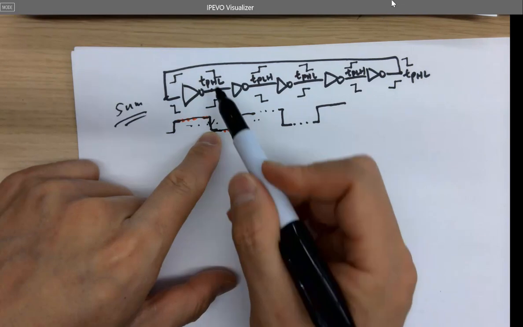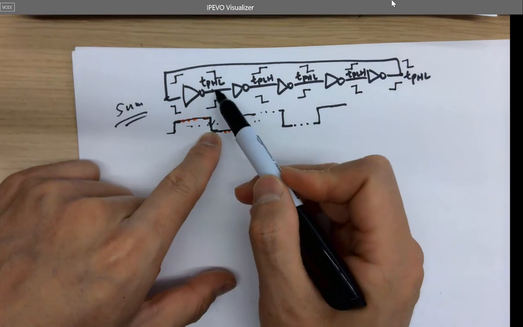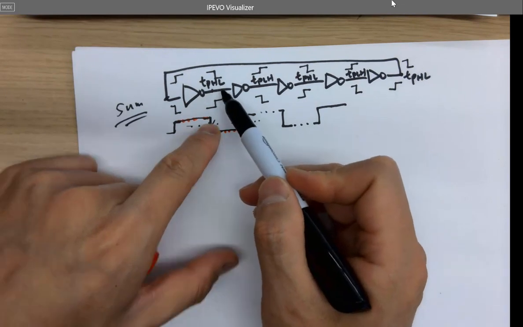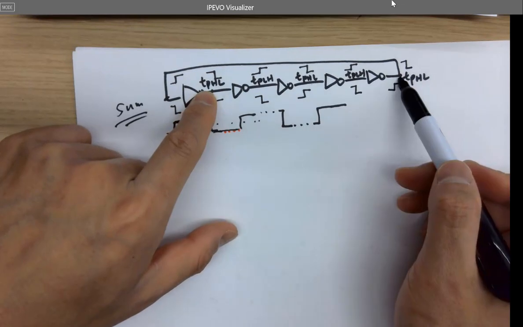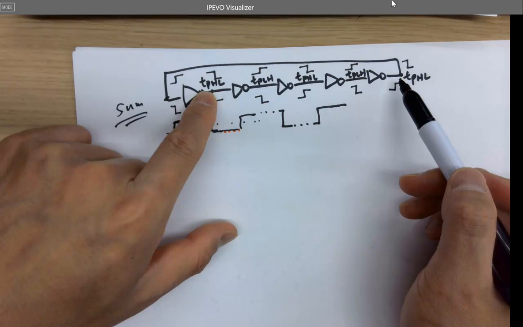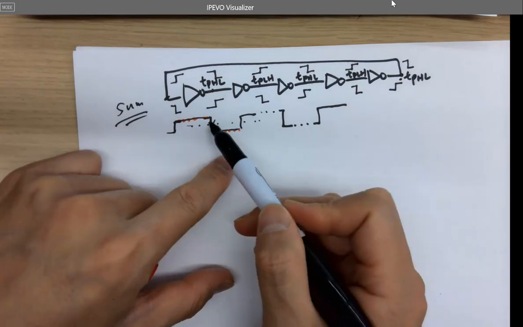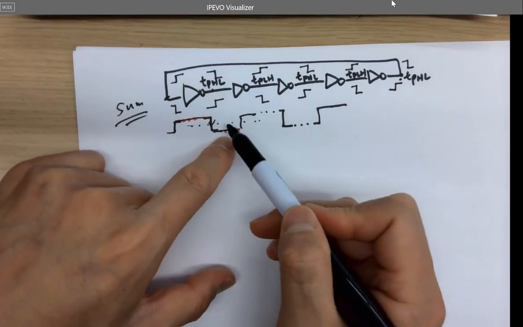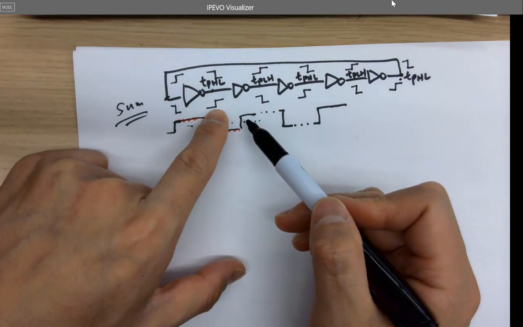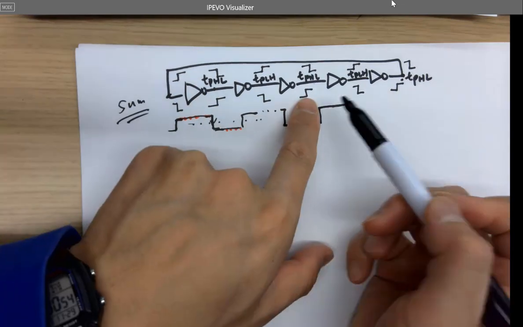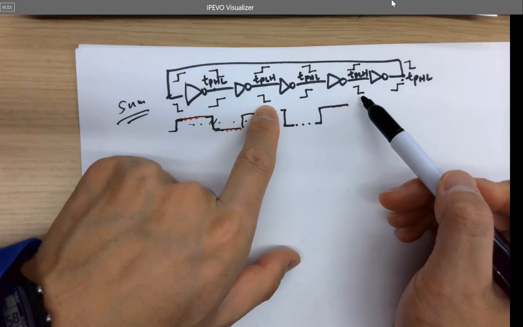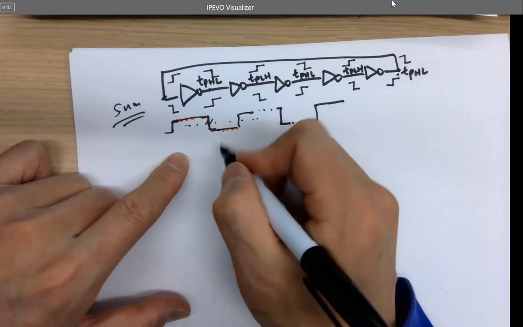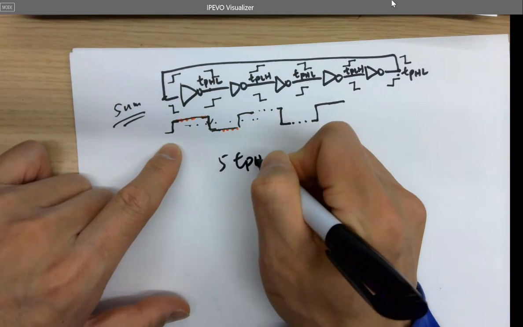So if you count over here, how many TPHL do you have? 1, 2, 3. So if you count the other half of the period, you have 1 HL, 1 HL, right? So 2 more HLs. So if you add them together, you have 5 TPHLs.